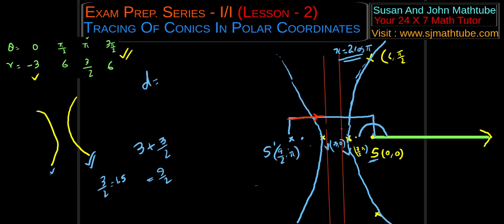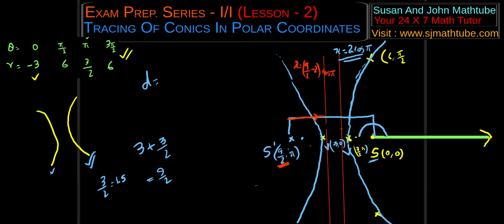From pole to this focus, it is 9 by 2 units. And then what did I do to find the next directrix? I went back d units. So this equation will be 9 by 2 minus 2 in the direction of pi, so cos pi. So 90% of the problem is solved.